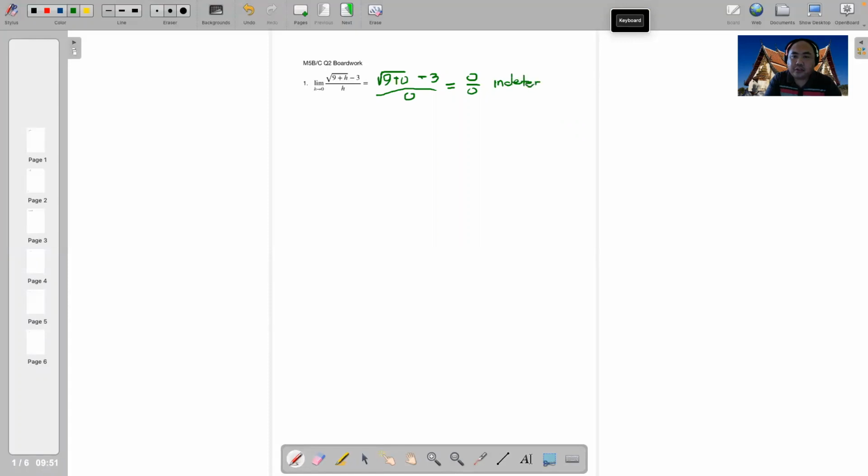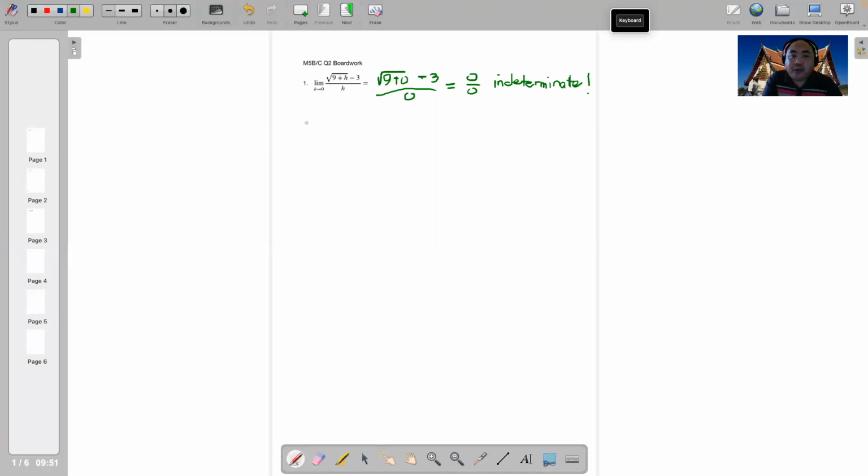And this is indeterminate. This is a result that we do not want. Because the result is indeterminate, it means that we have to find another suitable function equivalent to the original function, the square root of 9 plus h minus 3 over h, but when we substitute, we will not get an indeterminate form.